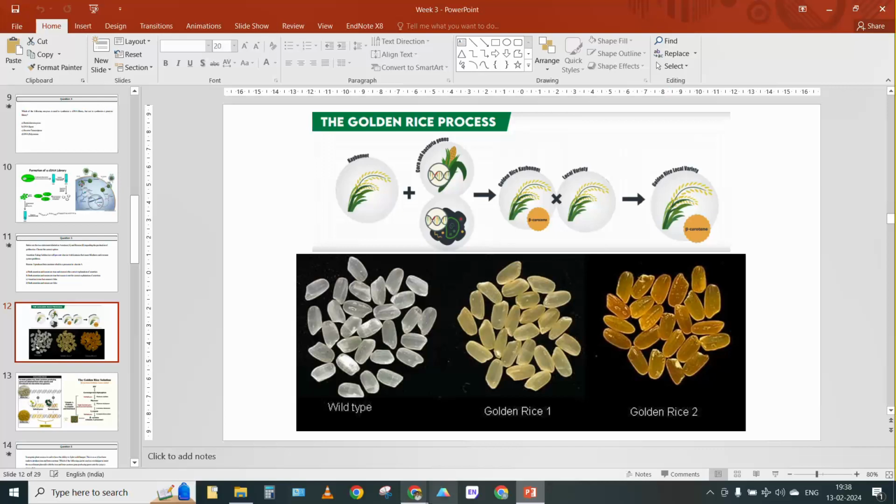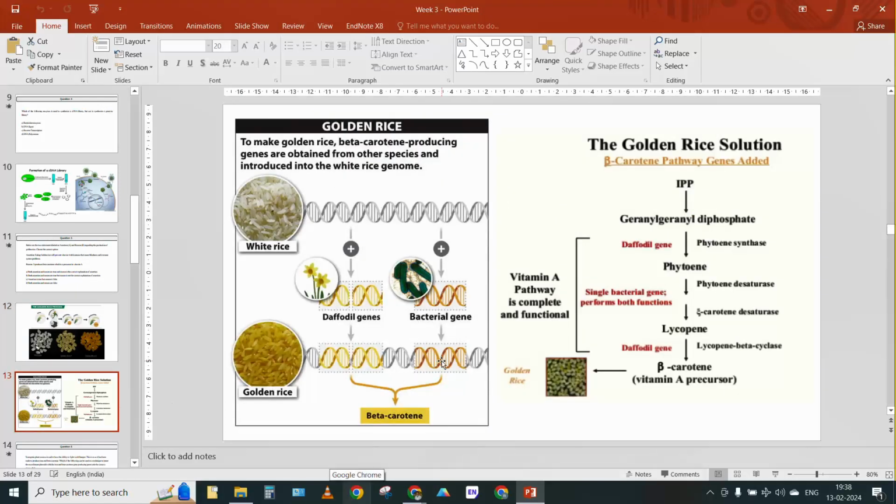And the next slide. Rice is a good source of vitamin B, that is thiamine and niacin, but poor in vitamin A, normal rice. So we have some urgency to translate the normal wild type rice into golden rice. And why the reason?